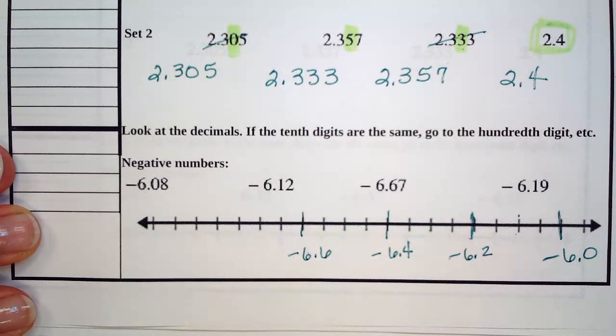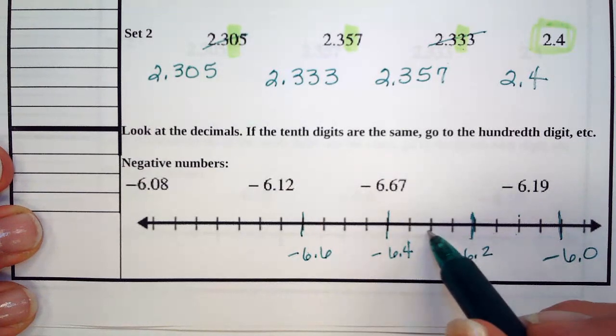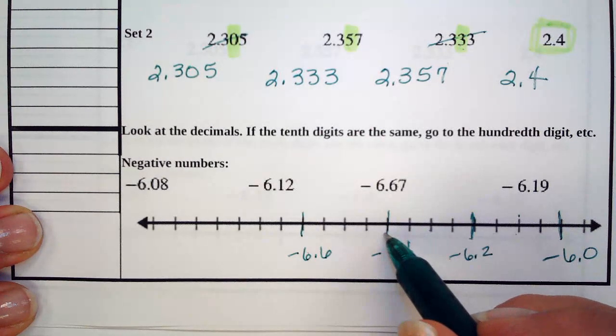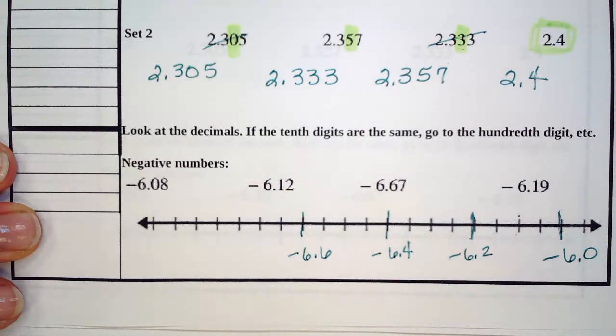So if you've noticed, I've kind of really made it weird. This would be negative 6.1, negative 6.2, negative 6.3, negative 6.4, negative 6.5, and negative 6.6.